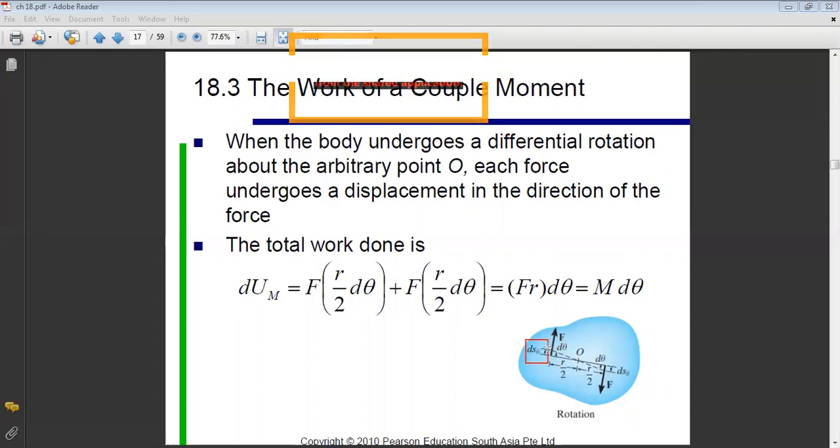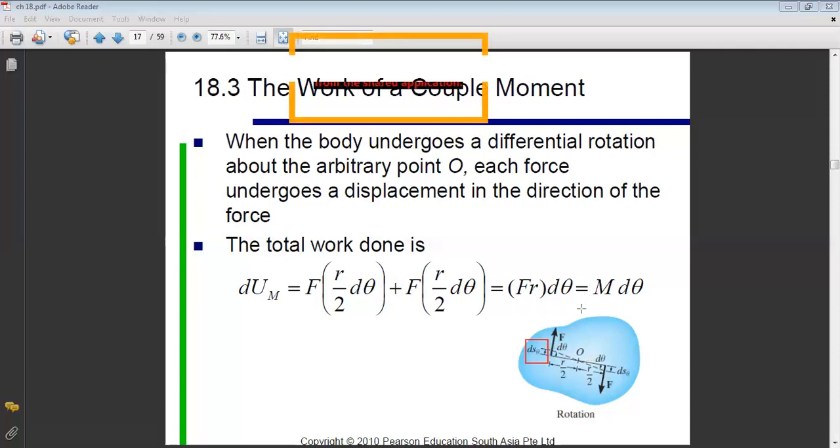We can replace ds by r over 2 d theta. Therefore, the work of this force and the work of the other force are both equal to F times r over 2 d theta. So in total, the work is F times r times d theta.